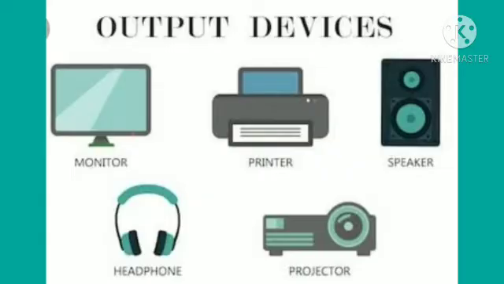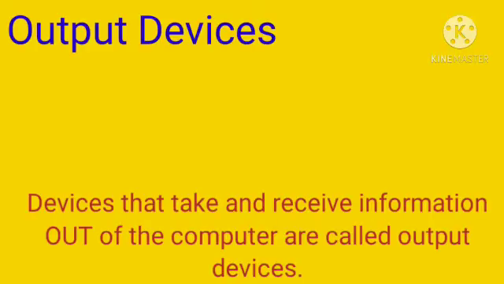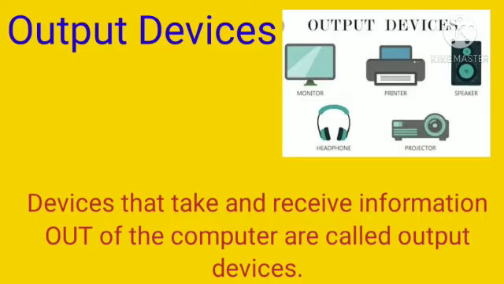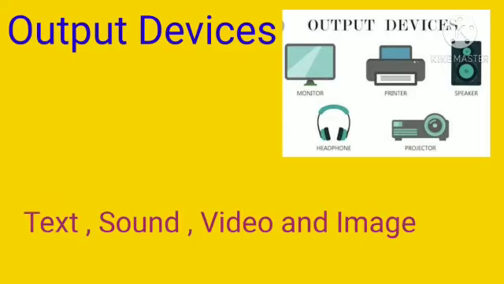Today we will learn about output devices. Devices that take and receive information out of the computer are called output devices. Output devices generate information in different forms such as text, sound, video, and image.